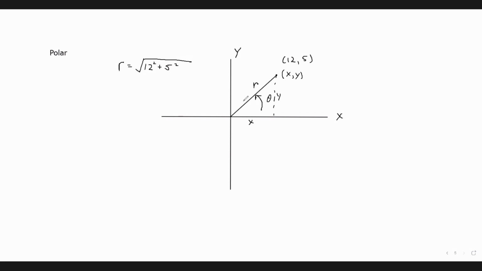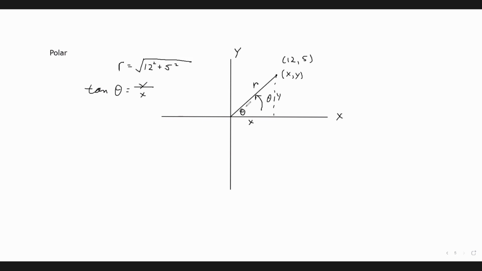Now what about the angle? Well, the angle theta is given by the tangent of theta is equal to y divided by x. And you can see this theta, I may have mislabeled this here.